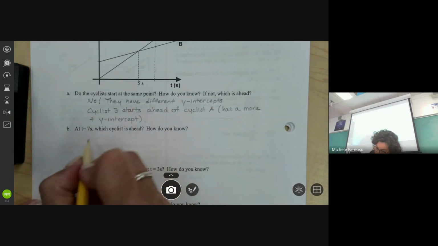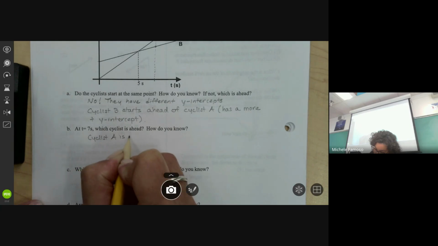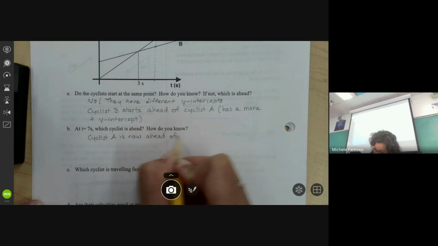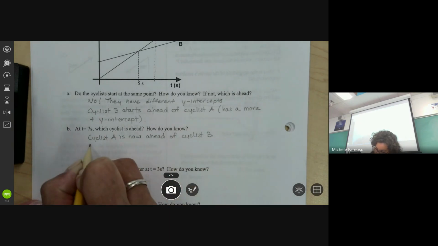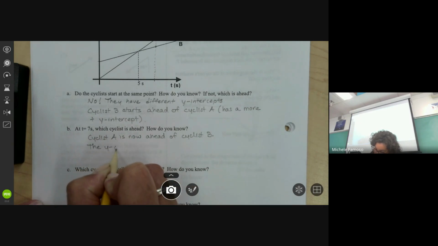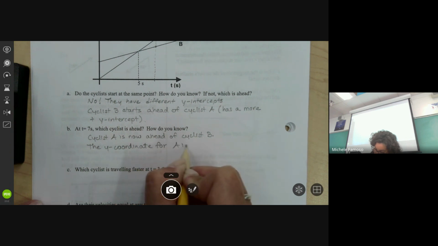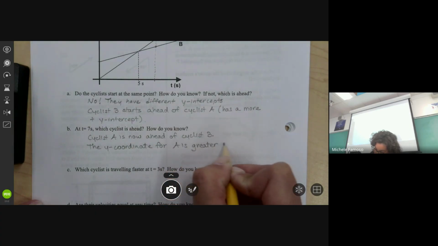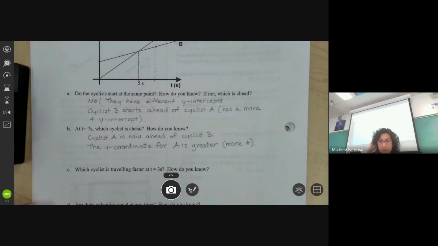Yep. So cyclist A is now ahead of cyclist B. The y coordinate for A is greater, or more positive.